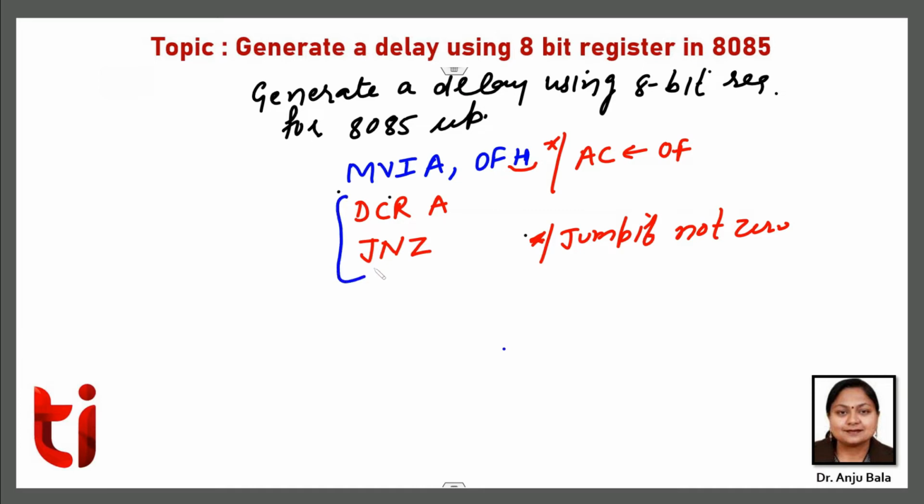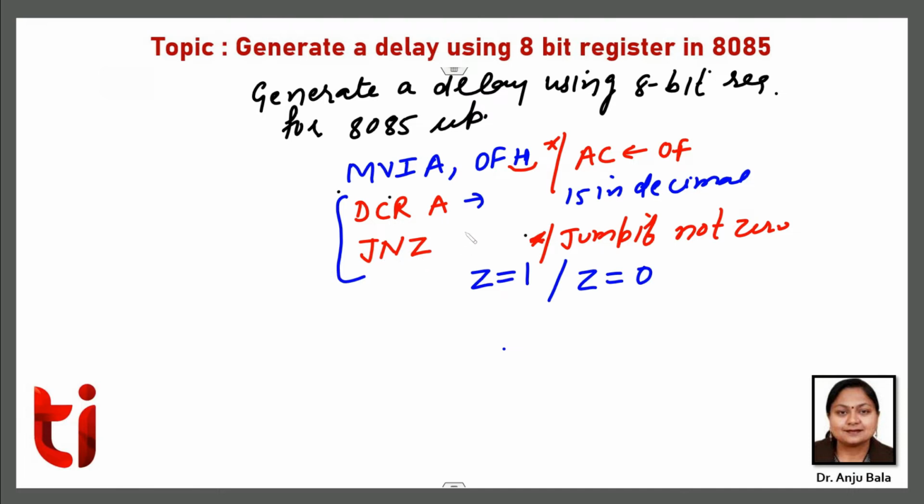For this case, if my accumulator initially has the value 15 in decimal, it will decrement and become 14. Then it is not 0. Not 0 means the zero flag is 0. So in this case, the condition is true, you have a not-zero instruction, that means your zero flag is 0.